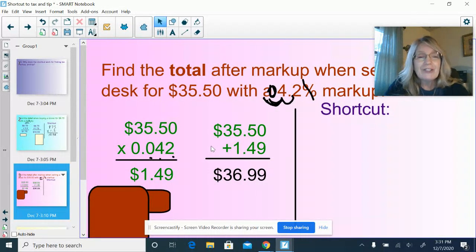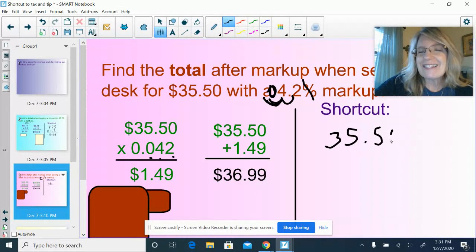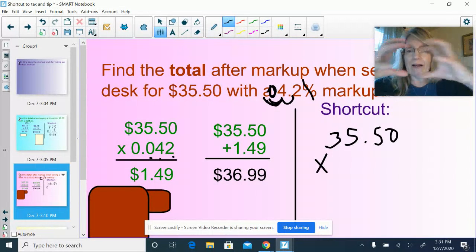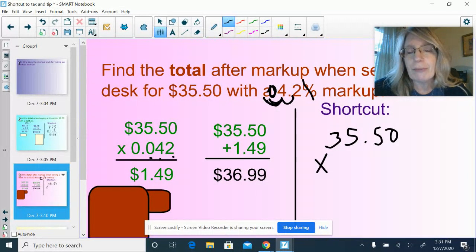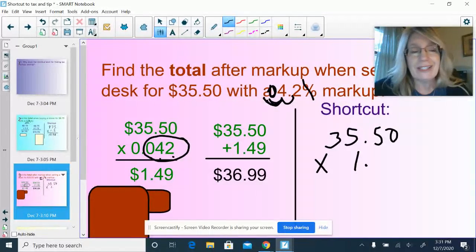Here we go. Here's the shortcut. It should work. $35.50 times, remember we want that $35 wrapped into our answer, so we want to use the identity property, 1 times, and then I would just go ahead and plug that in because we already did the work, 1.042.